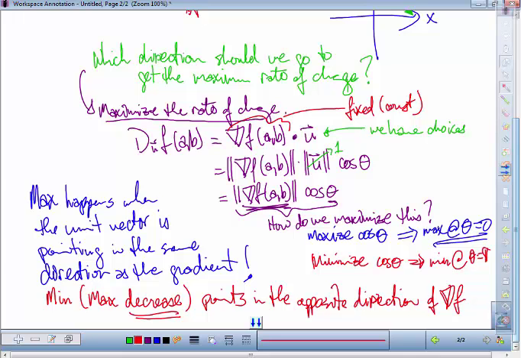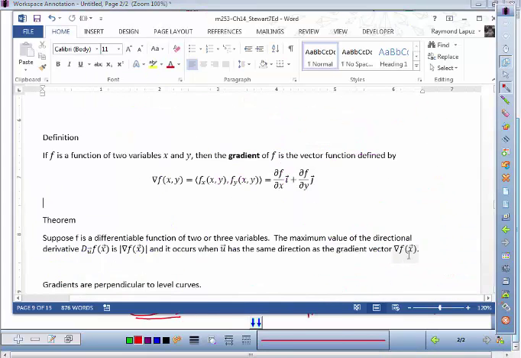Okay, so let's take these pieces of information. Actually, I have this theorem here, which we just kind of proved. Oh, we didn't quite finish it. Let's just take our argument a little bit farther.